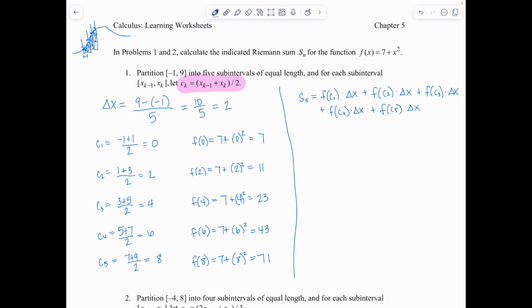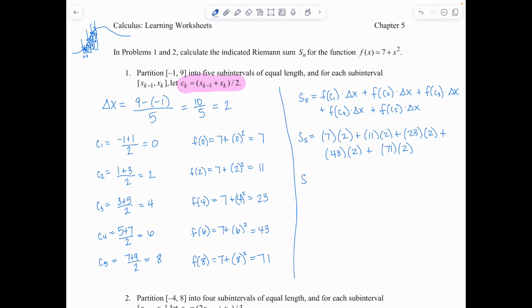And this is represented by, okay, we calculated f of C1, that was f of 0, so we have 7. Our change in x is 2. Plus that 11 times 2, plus that 23 times 2, plus the 43 times 2, plus the 71 times 2.